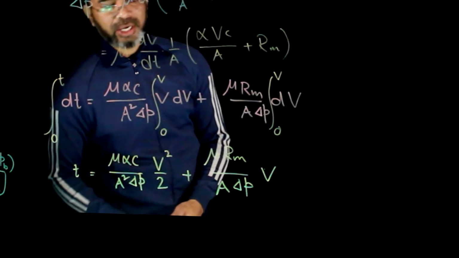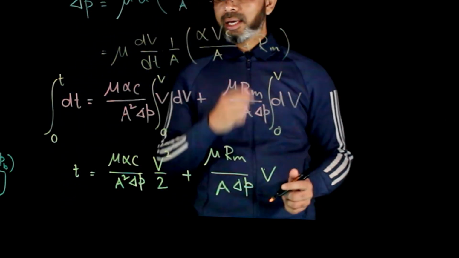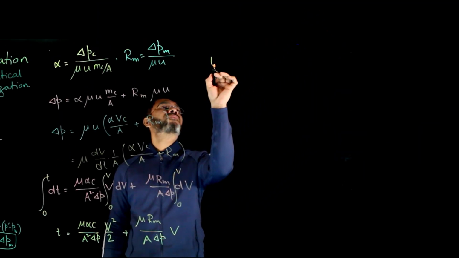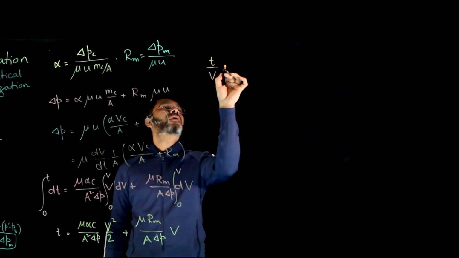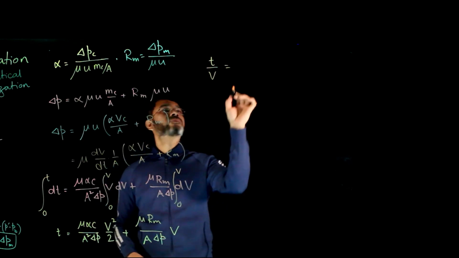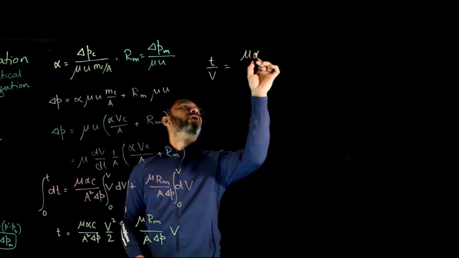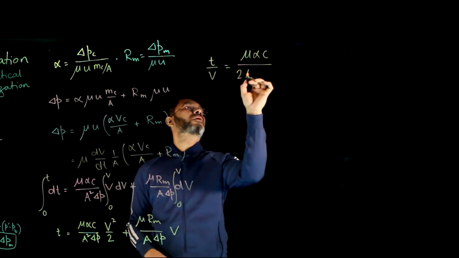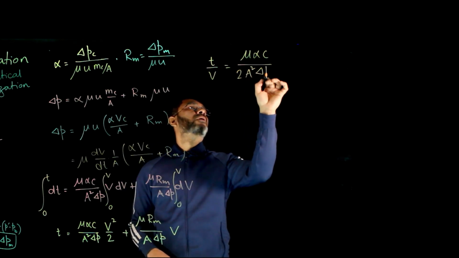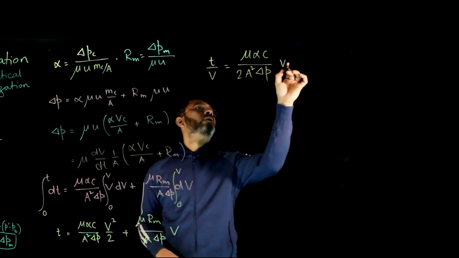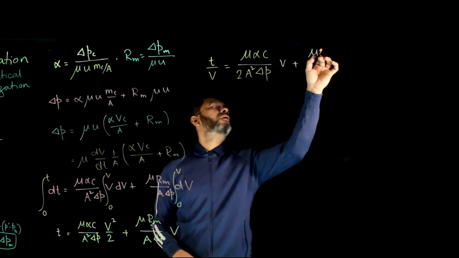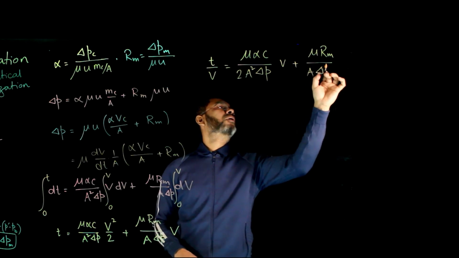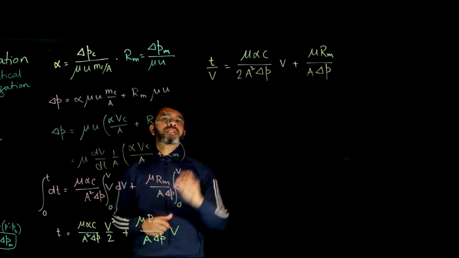A little bit of modification will give the equation in a more convenient form. So if I divide both sides by V, we will have t over V equals mu alpha C. Now, what is the benefit of expressing it this way?